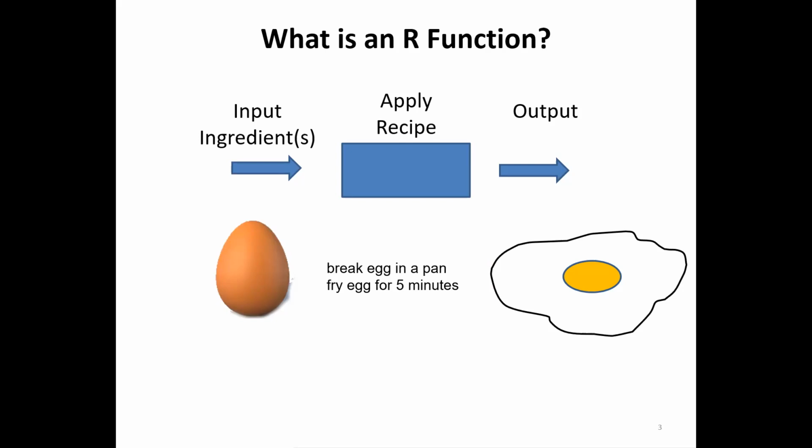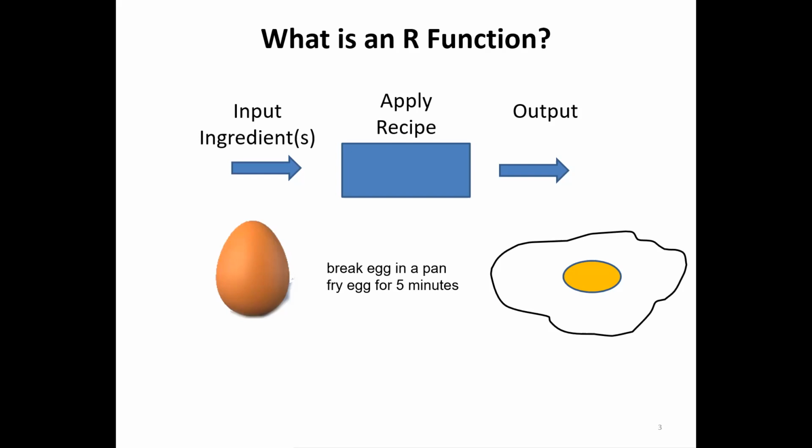I find it helps to have this mental model of what an R function is. It literally is a generic set of instructions that you can then apply to specific ingredients that you have. Usually our ingredients are data, and the output can be anything.